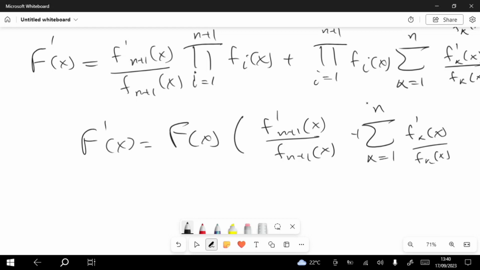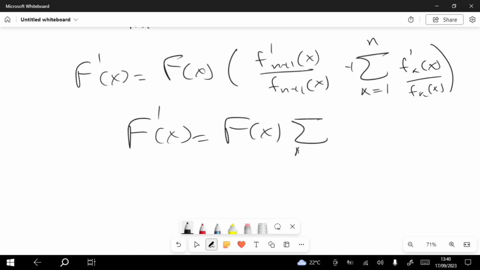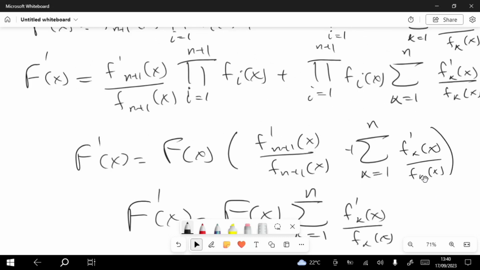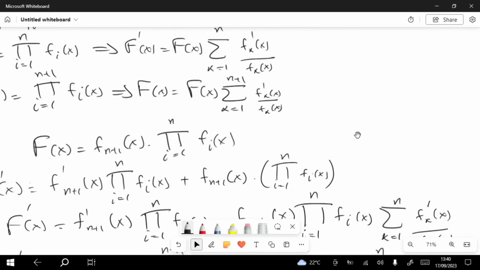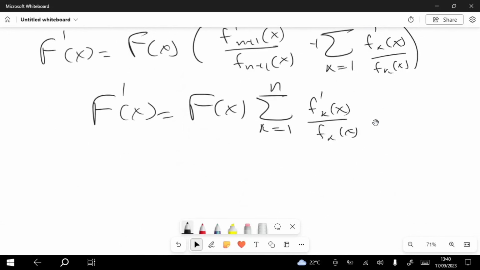This is the extra term of this, so we can merge them together again, and this becomes f prime of x is equal to f of x times the sum as k goes from 1 all the way to n of f sub k prime of x over f sub k of x. And this is exactly the formula that we were looking for in here. Which means that we proved the formula by induction.